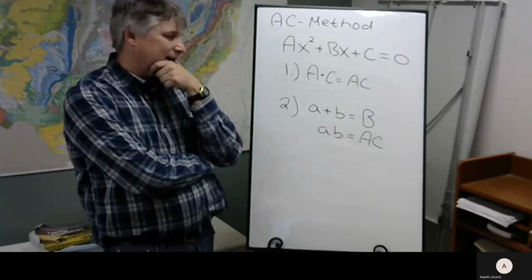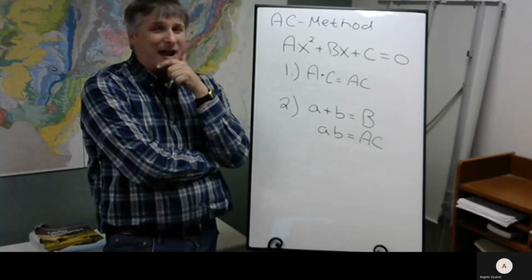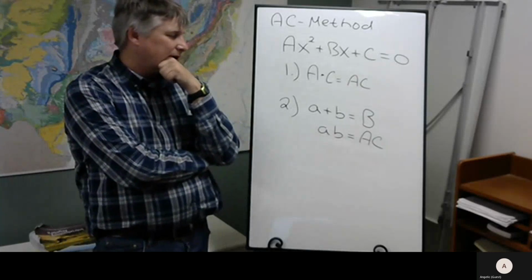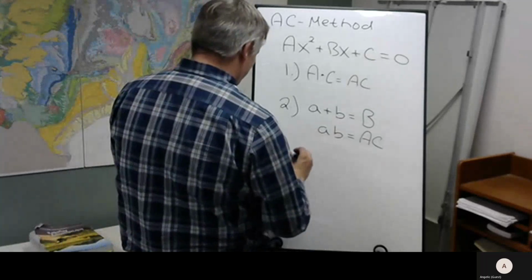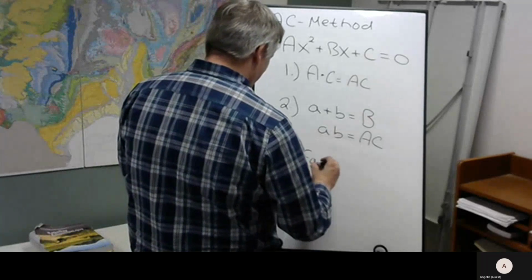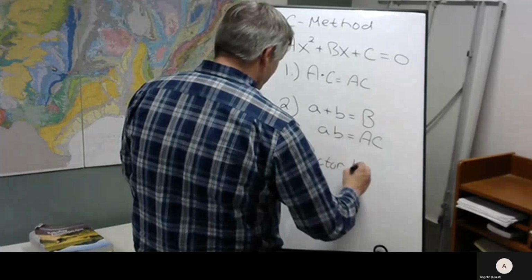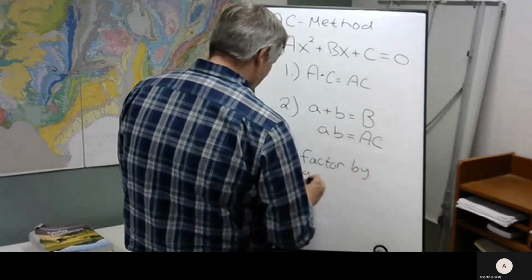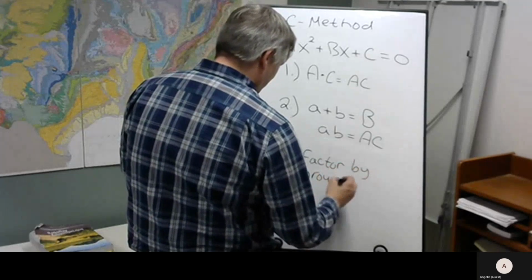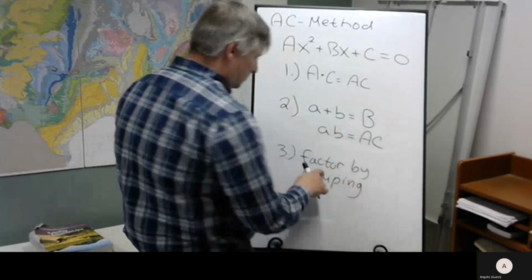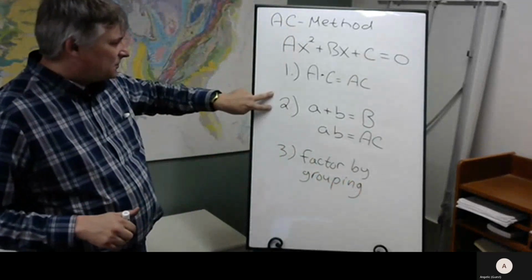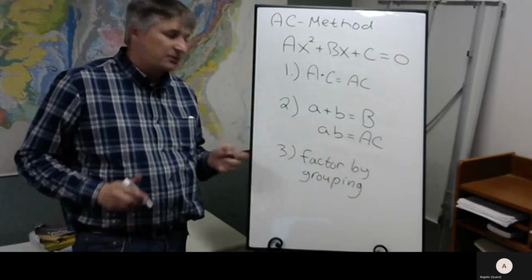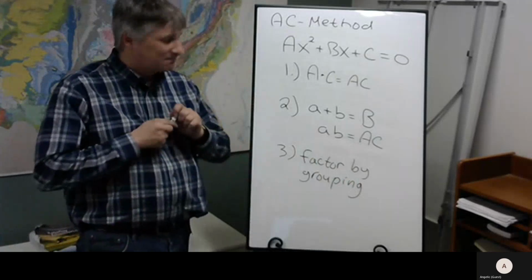So that's the first step. And then what we're going to do after that is something called factor by grouping. And we'll go through this when we get to it. But these are the first two steps, and then we're going to factor by grouping.